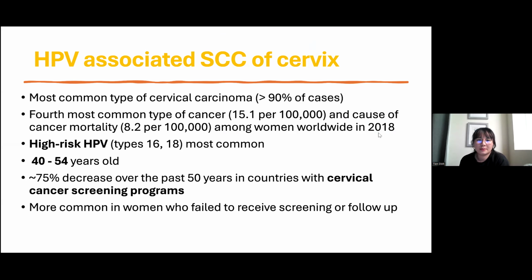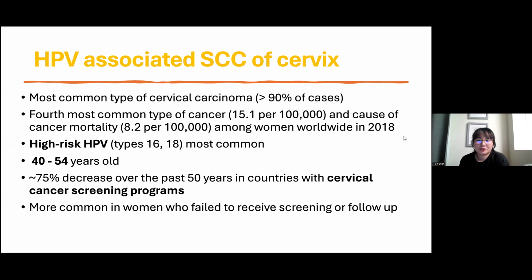This is a very common type of cervical carcinoma, and it is also a very common type of cancer and cause of mortality. The most common cause is HPV type 16 and 18, and it is usually seen in women from 40 to 54 years old.